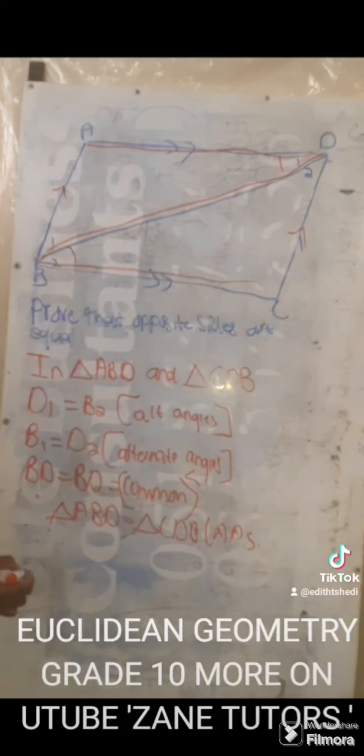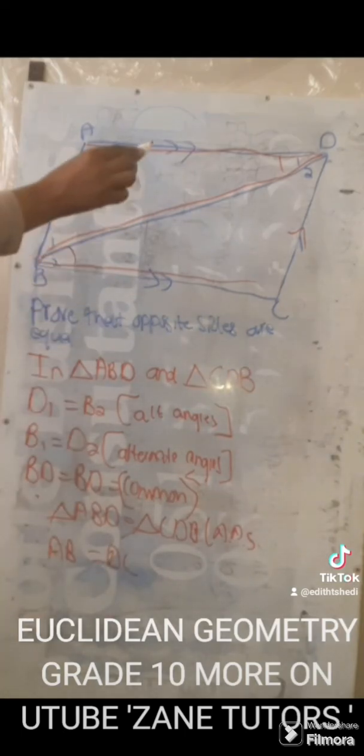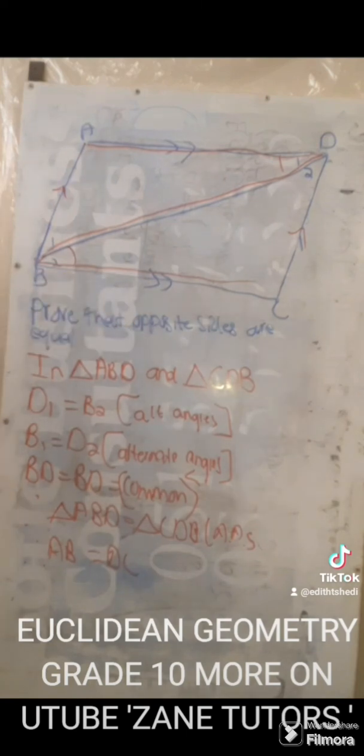And then here you just have, therefore AB, this one, AB equals DC, that line, and AD equals BC.